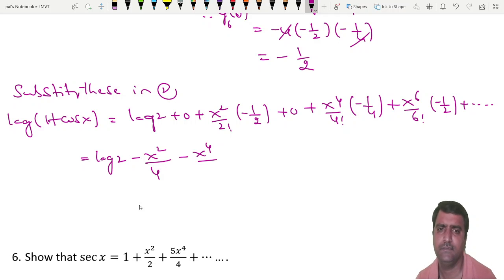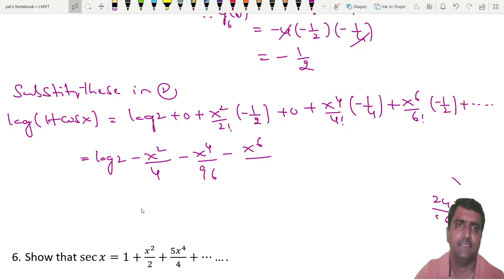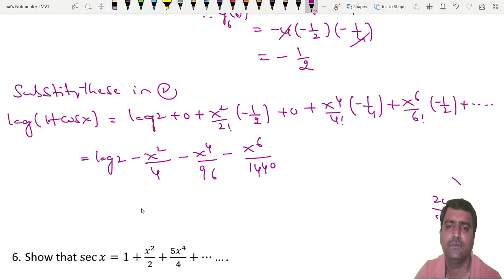Calculate 24 into 4, 4 4s are 16, 8 9 96. So it is 96, minus x to the power 6 by 720. 6 factorial means 5 factorial is 120, 6 factorial is 720, 720 into 2. Okay, it continues like this. This is the expansion of log of 1 plus cos x.